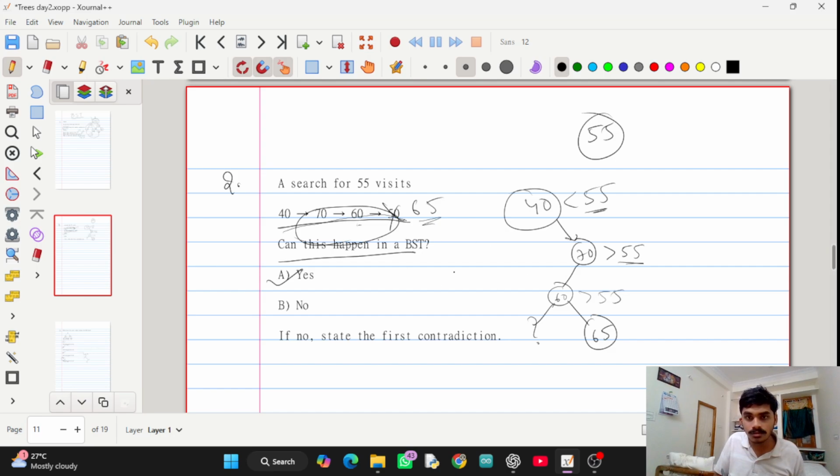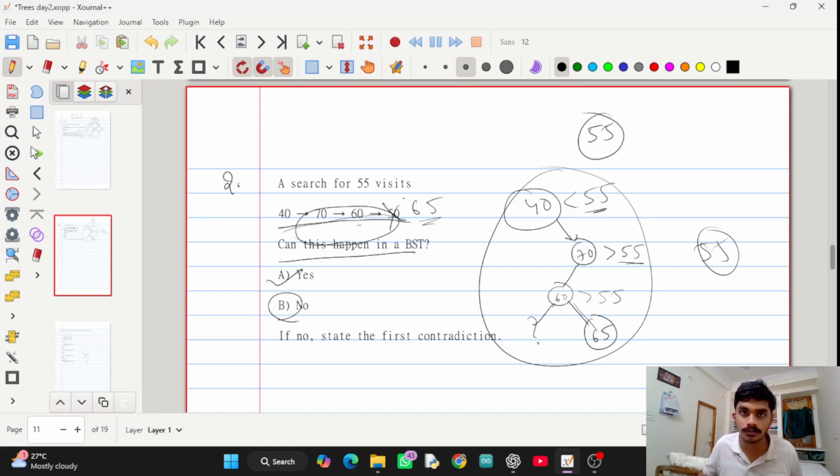Instead they give 65, but 65 is found on the right side. So this means that in this tree there is no element called 55 and it is impossible to search for that element. So the option will be no if the order is like this.